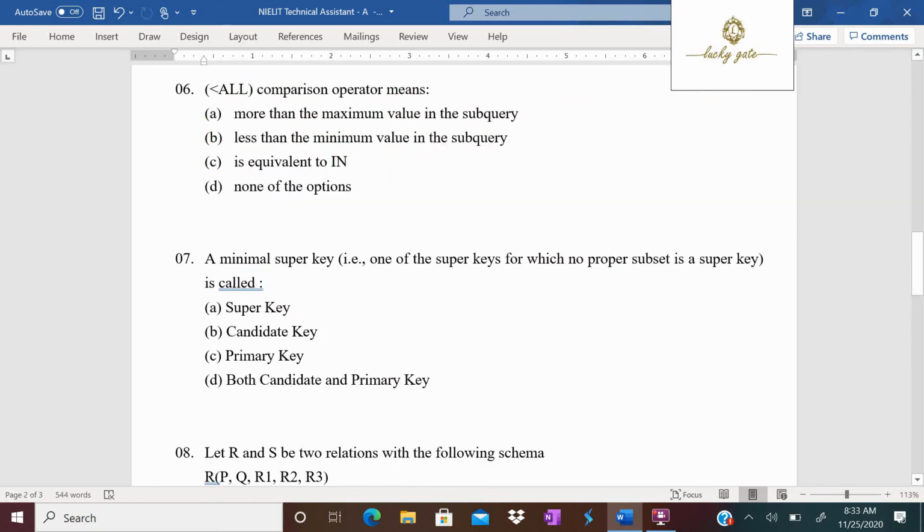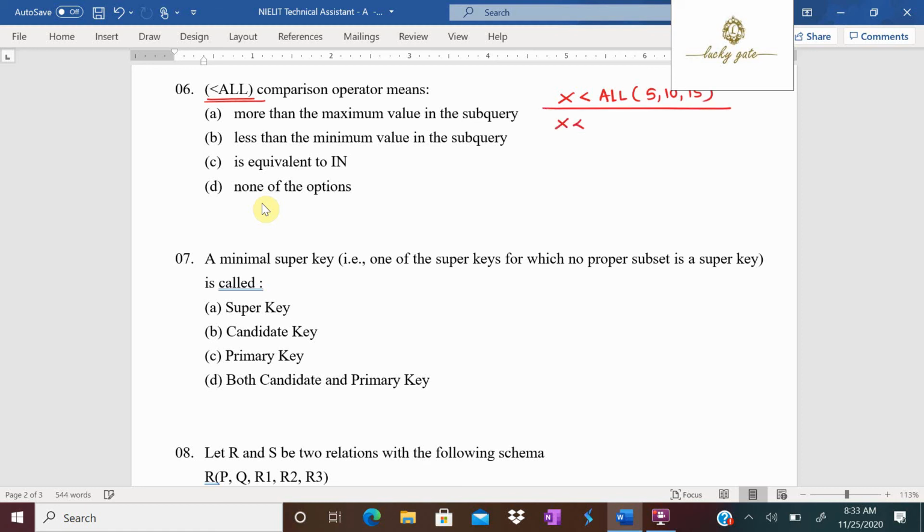Question number 6. Less than all comparison operator means. Suppose I have a condition x less than all of 5, 10, 15. Then what does it mean?